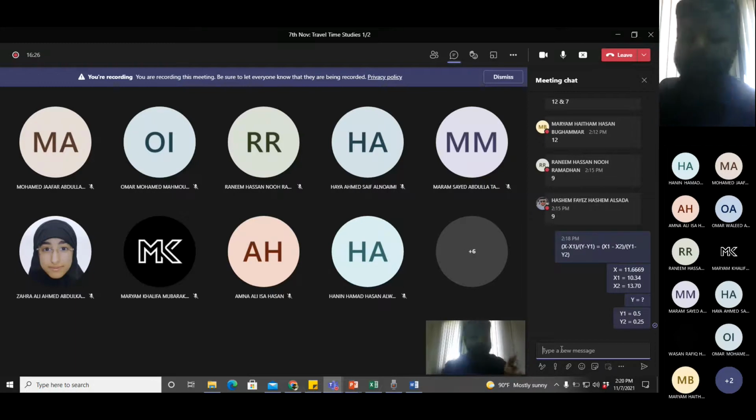Now in this case, you are interpolating between y1 and y2. y1 is 50%, y2 is 25%. If you interpolate between 50 and 25%, can you get a value of less than 5%? No. Whatever value of y you get from this interpolation, I am sure that it will be more than 5%. 100% sure.